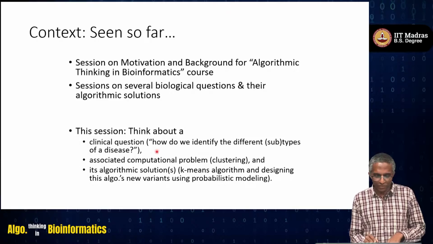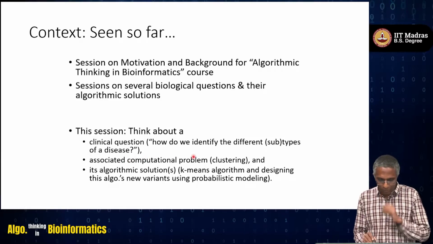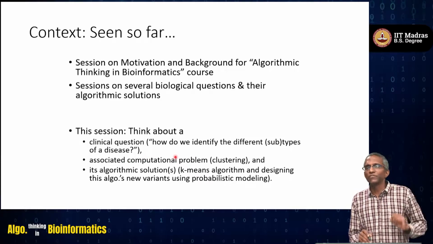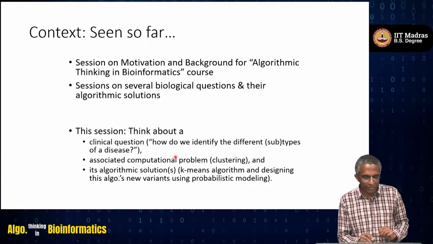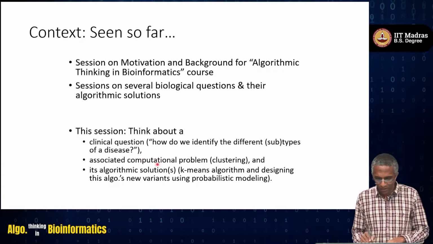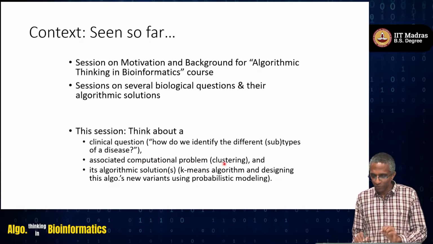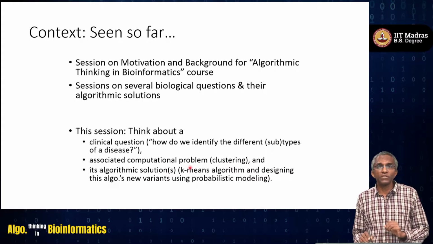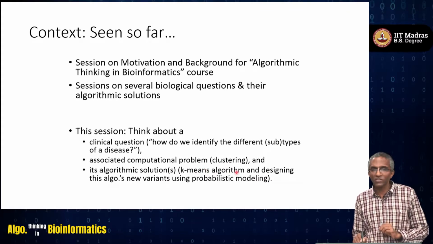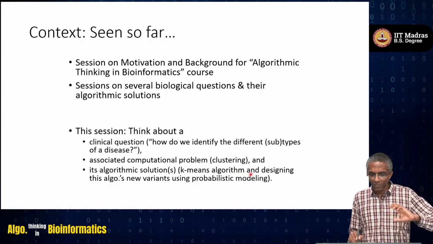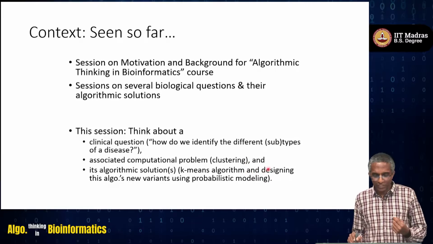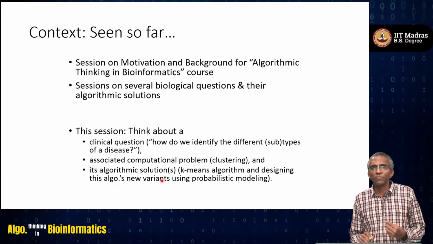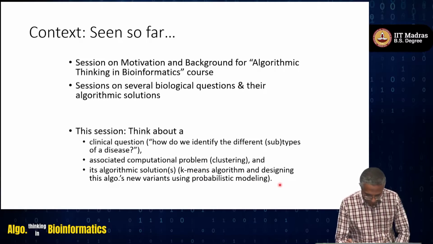How do we group those patients into different categories so that each category has a certain subtype of the single disease we are interested in? The associated computational problem is clustering, and its algorithmic solution is the k-means algorithm or heuristic, but the emphasis is that we'll be designing new variants of this algorithm by taking a probabilistic modeling view of k-means.